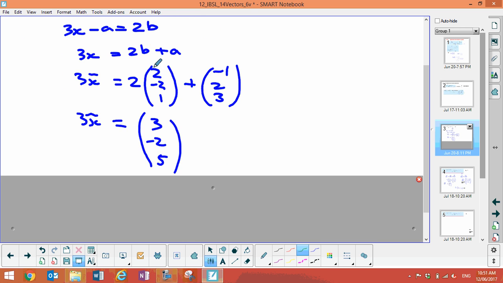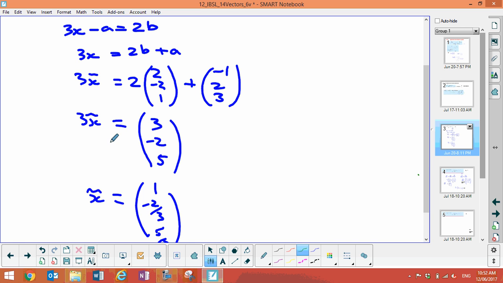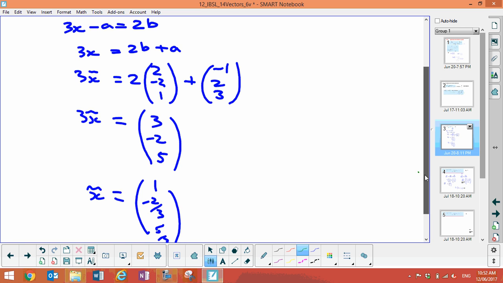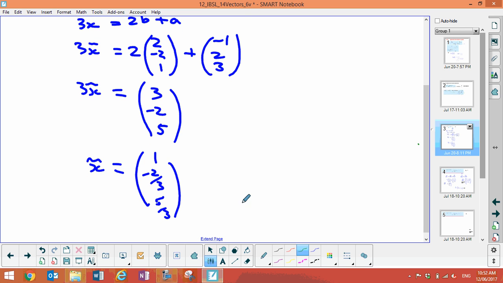So we want 2 times 2, which is 4, plus minus 1 makes 3. So this is our vector, 3X is equal to that. Then the last stage is to divide both sides by 3. So 3 divided by 3 is 1, minus 2 over 3 is minus 2/3, and 5 over 3 for the y component.